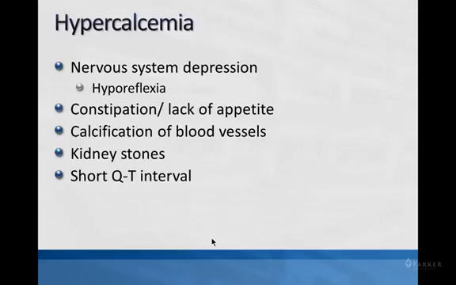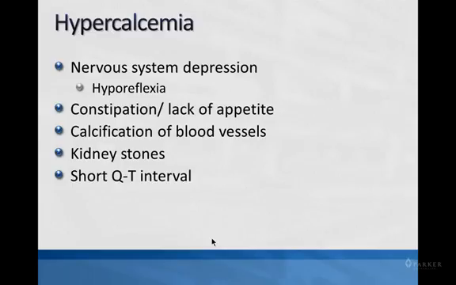Too much calcium can result in calcification of body tissues, including the smooth muscle within blood vessels, which could result in stiffening of the blood vessels and high blood pressure. It can lead to kidney stones. The QT interval, instead of being prolonged, will be short. So a number of different things can result from hypercalcemia.